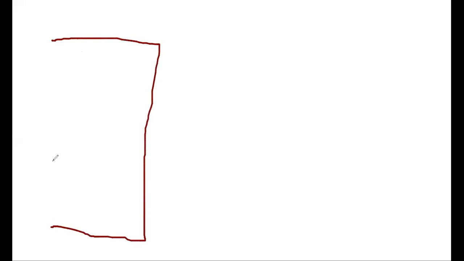Class, let's say for instance, this is my MetaTrader 4. On my MetaTrader 4, the lot size is here, 0.05.